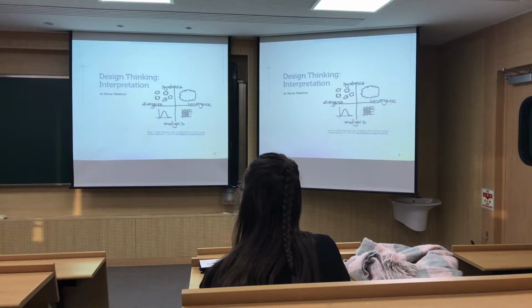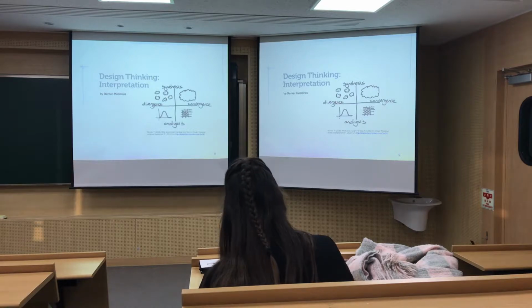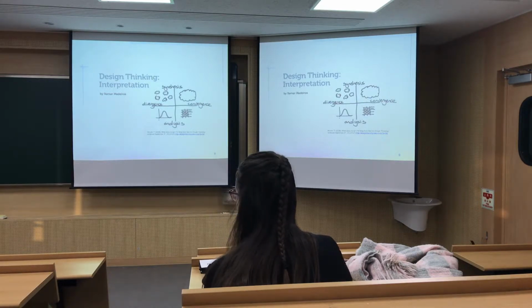Then we can call this a divergence stage. And then by evaluating and selecting one optimal one, you arrive at convergence. So you may match this slide with the procedural model of design.